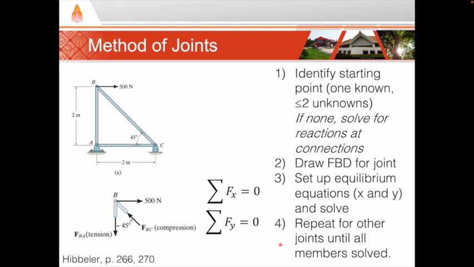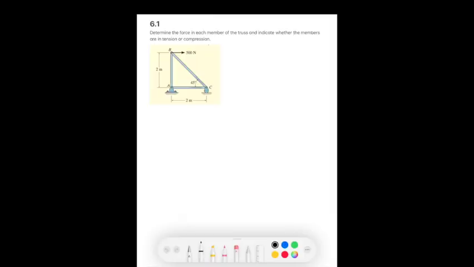Let's look at an example of that. Okay, in our first example, we have a simple truss. We're asked to find the force in each member of the truss. So what we can do is start by using the method of joints by looking at point B. If we draw point B, and we look at the forces of the members, we have the force of member AB, which I will assume is in tension, and the force of member BC, which I will assume is in compression.